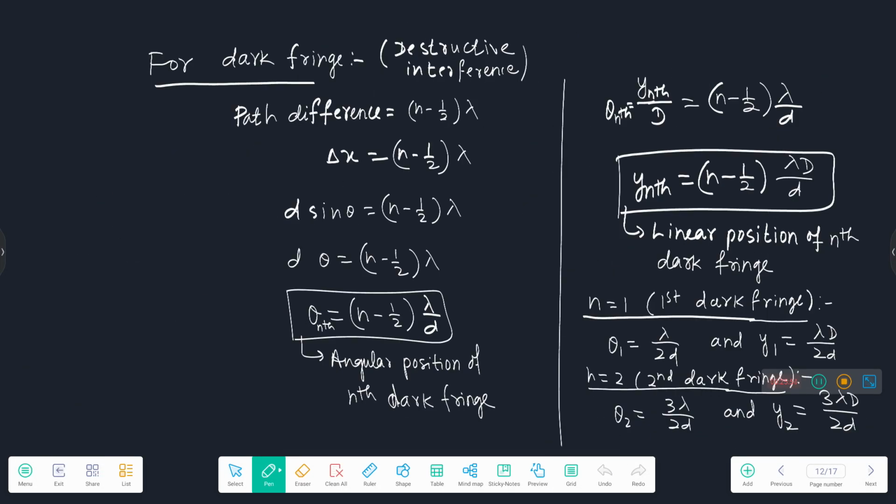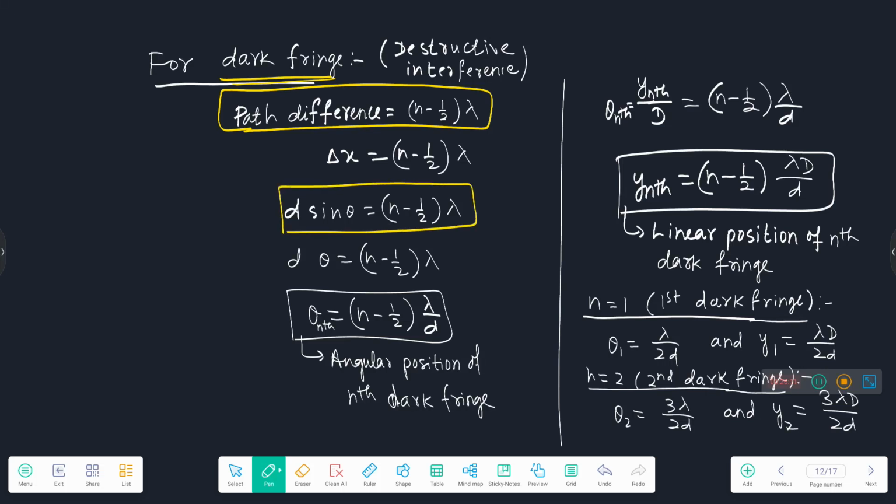For dark fringes, or destructive interference, the path difference delta x equals (n minus half) lambda. Delta x is nothing but d sin theta, as you already know, so d sin theta equals (n minus half) lambda. Sin theta becomes theta when theta is very small.